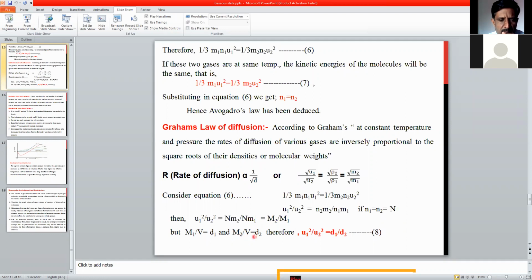Similarly, m2 divided by V is the density of gas number 2, D2. If we consider m1 by V is equal to D1 and m2 by V is equal to D2, then equation number 6 becomes u1 square divided by u2 square is equal to D2 divided by D1. This means the ratio of velocities of gases 1 and 2 is related to the densities of both gases, where D1 and D2 are the densities of the two gases.